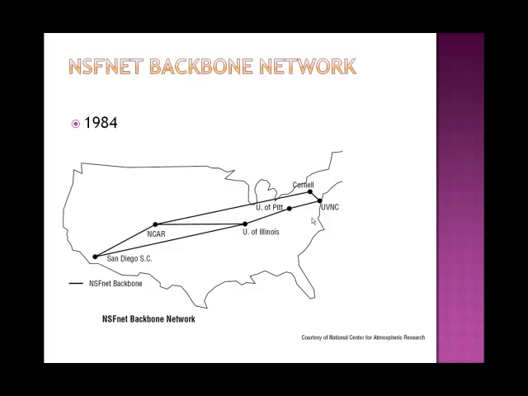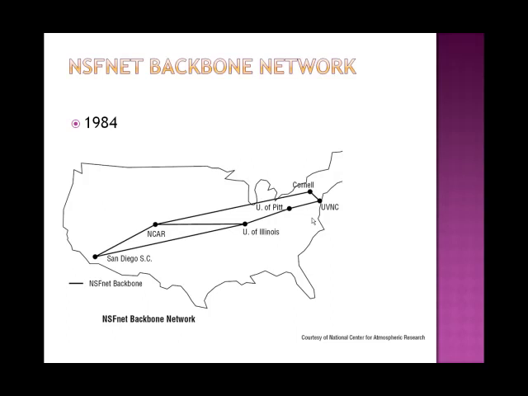In 85 or 84, the Congress gave the National Science Foundation a budget to create the first ever national network that would connect all universities to this massive backbone. It was called the NSFNet Backbone Network.